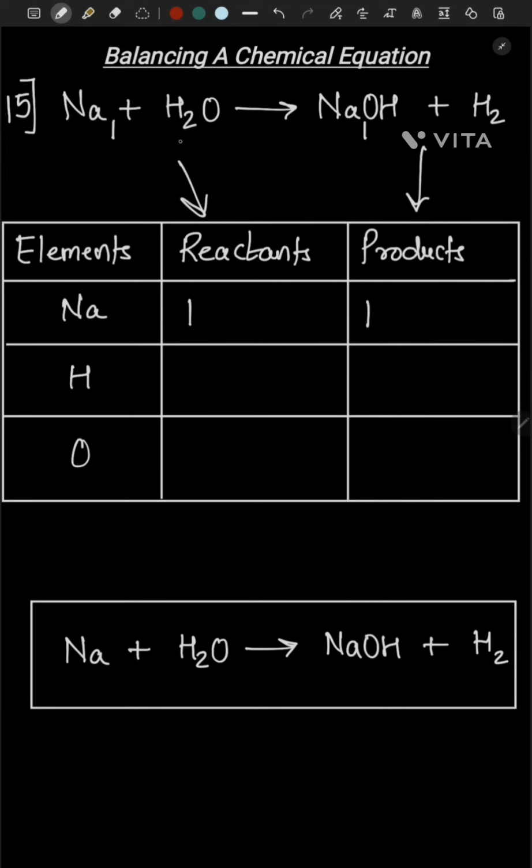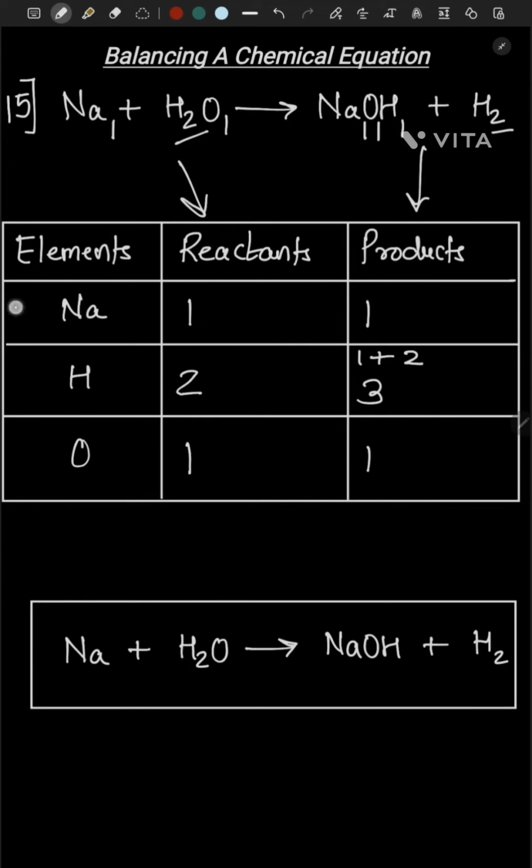Hydrogen on the reactant side is written as 2. So I will write 2 there. Hydrogen on the product side, there are 2 hydrogens, 1 and this 2, which means 1 plus 2, that is 3 hydrogen. Oxygen on the left side, the reactant side, there is no number, so it is 1. Oxygen on the product side is also 1.